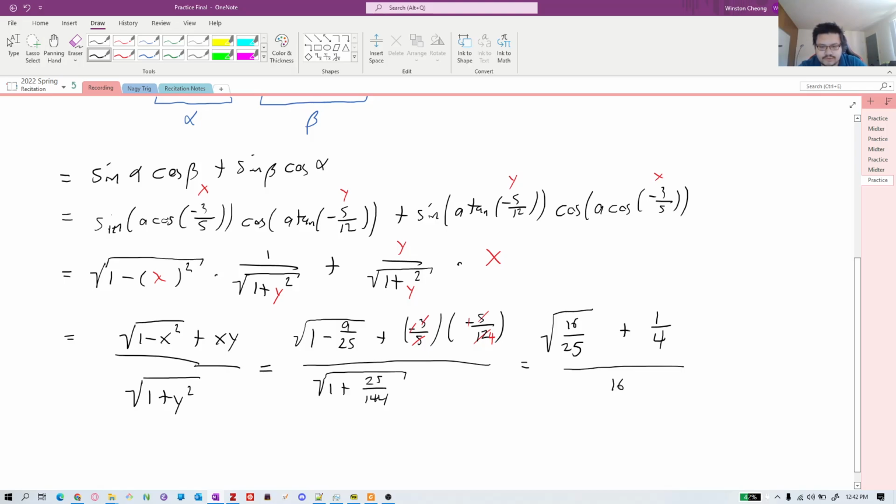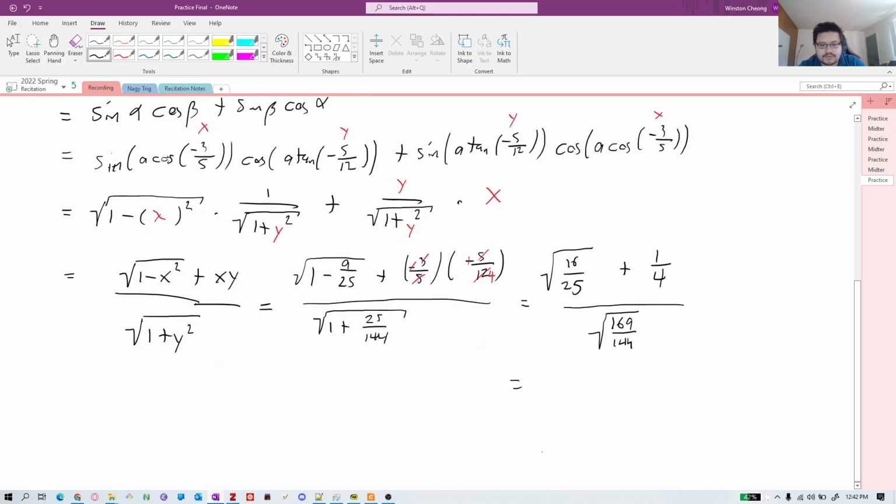So this is 169 over 144, all in a square root. And both of those are square numbers, so you can see that's pretty nice as well. Let's go ahead and continue simplifying. 4 over 5 plus 1 over 4, all over 13 over 12.